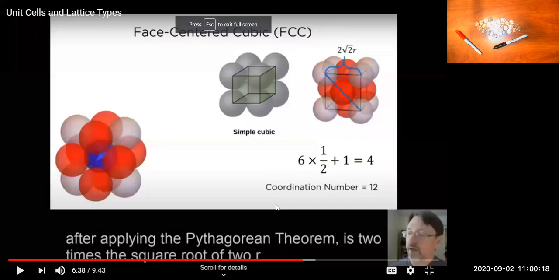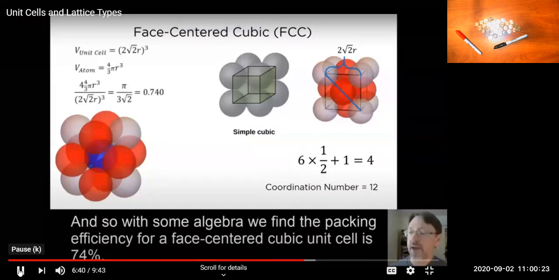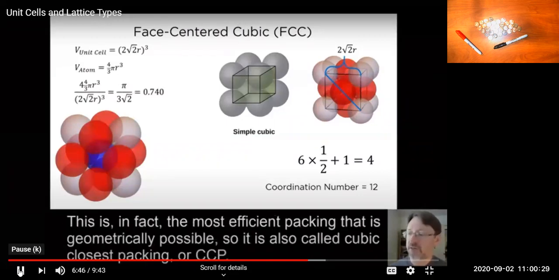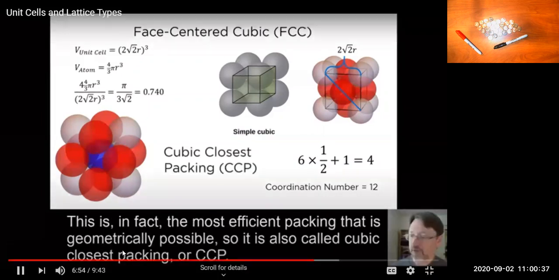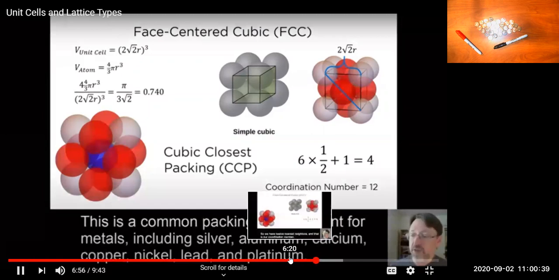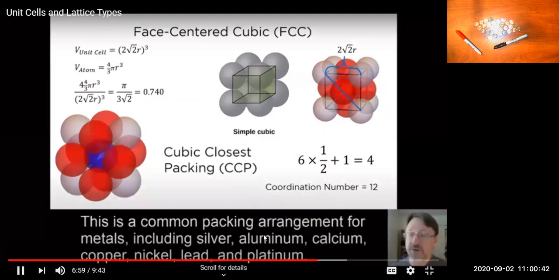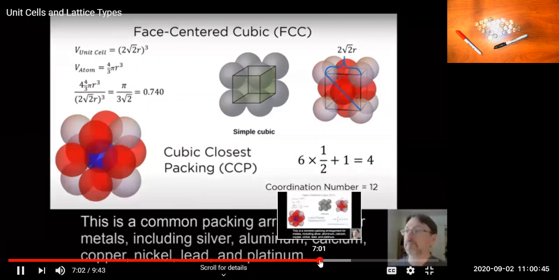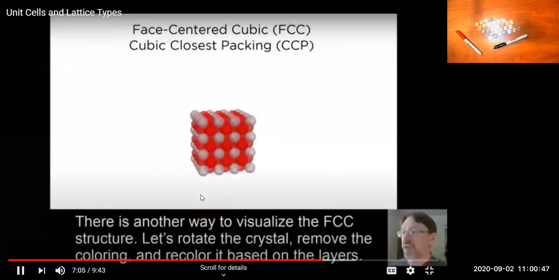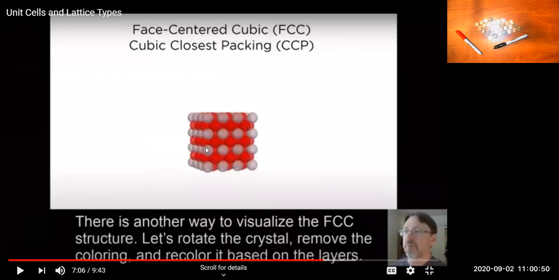Okay, I'm going to go to full screen. What we have here is a face-centered cubic arrangement, and we are going to rotate how we're looking at it. So we had a face-centered cubic structure extended to multiple unit cells.